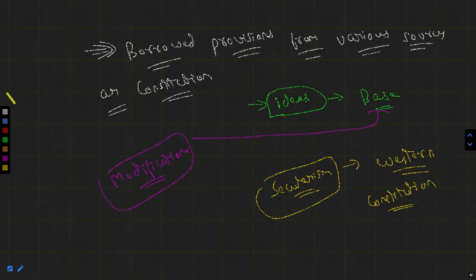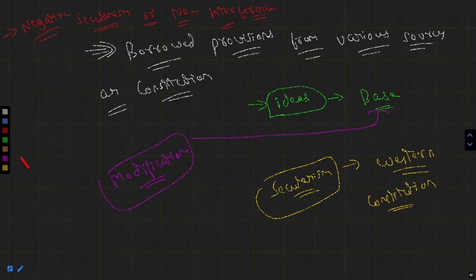Because, as we discussed, secularism in the West is negative secularism, also called no interference. In the West, the governments do not have anything to do with religion, and they do not interfere in it at any aspect.